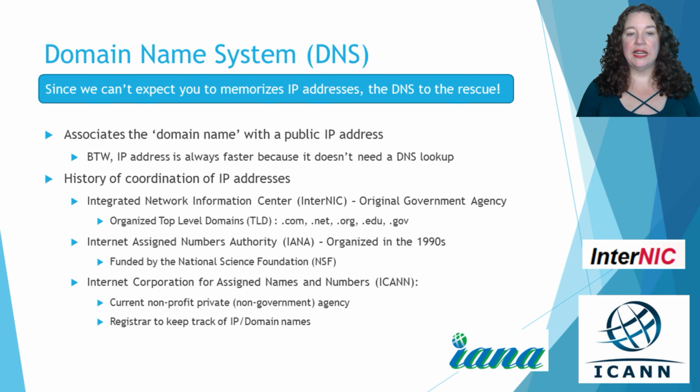So they created the nonprofit private agency called the Internet Corporation for Assigned Names and Numbers, or ICANN. This imagery right here with the little global picture. It's a nonprofit. It is not designed to make profit, but it is also non-governmental, which means it's a private industry. They handle the registrar to keep track of your IP addresses and domain names.